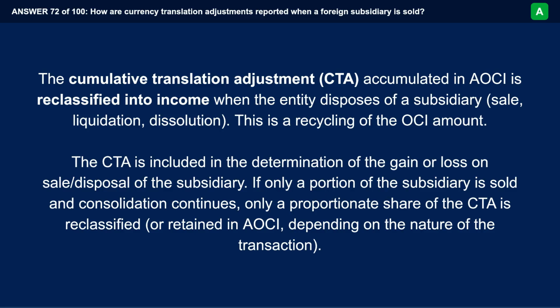The CTA is included in the determination of the gain or loss on sale or disposal of the subsidiary. If only a portion of the subsidiary is sold and consolidation continues, only a proportionate share of the CTA is reclassified or retained in AOCI, depending on the nature of the transaction.